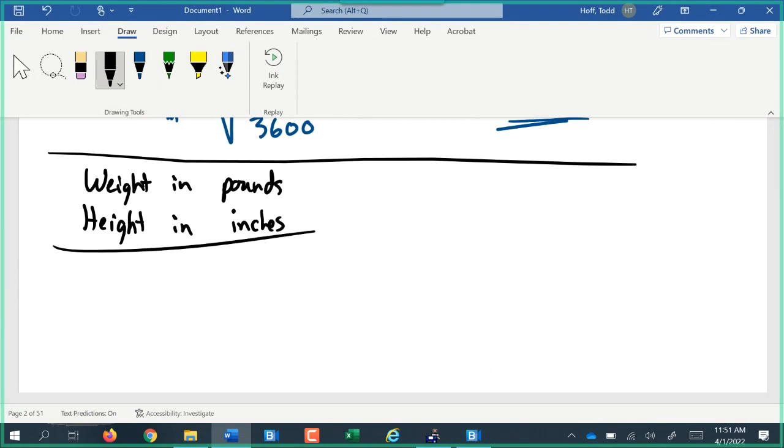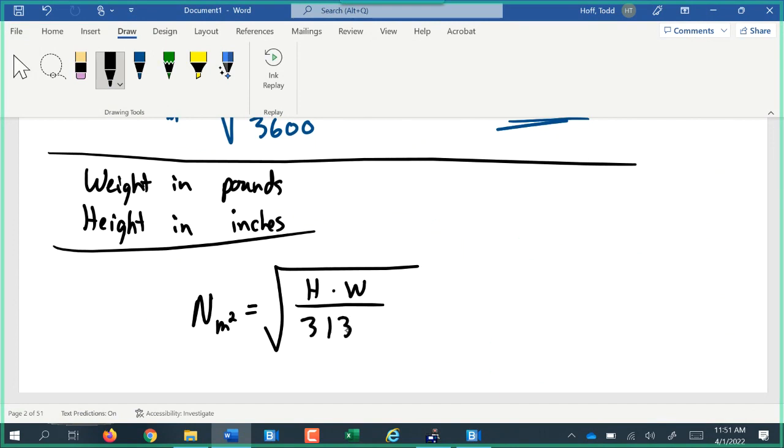In other words, if we're using our empirical units or standard units of measure. And here, our body surface area in meters squared again, it's still going to be the square root of height times weight. All that's going to change is this constant. It's not going to be 3,600 anymore. It's going to be 3,131.